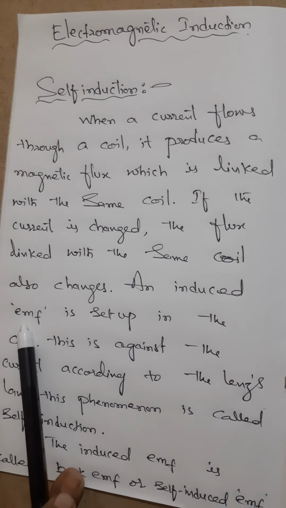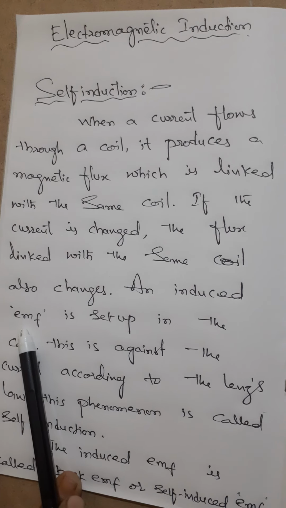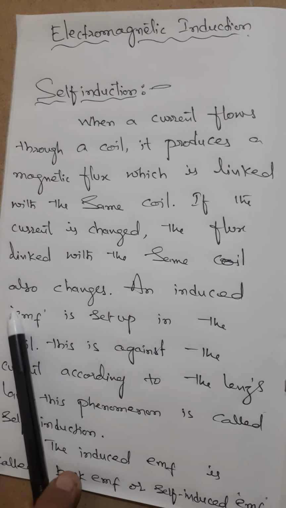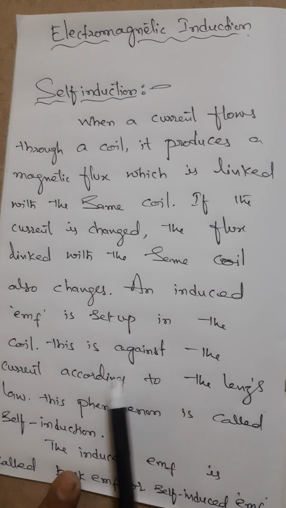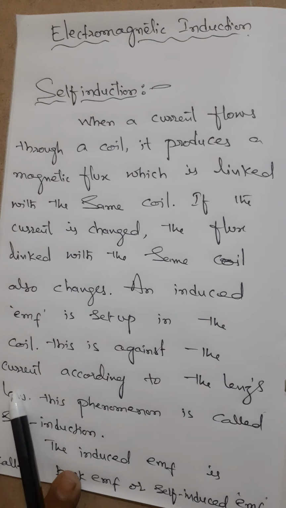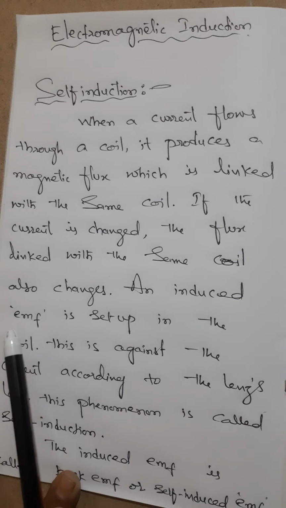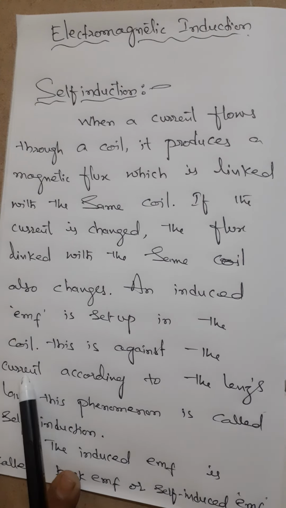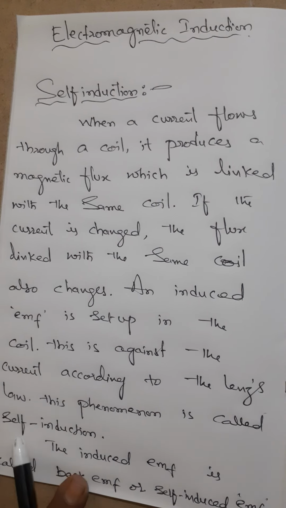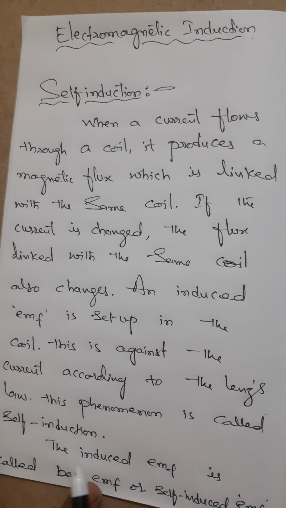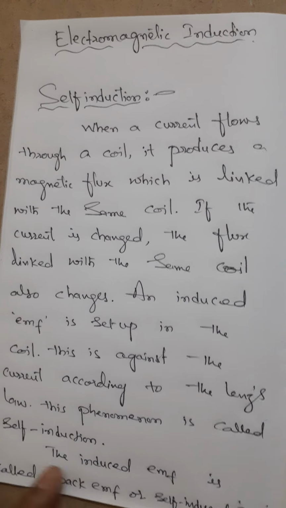EMF is nothing but an electromotive force which drives the electrons and which is produced in the coil, and this is against the current according to Lenz's law. According to Lenz's law, this produced EMF and the current are in opposite directions, and this phenomenon is called self-induction. The induced EMF is called the back EMF or the self-induced EMF.